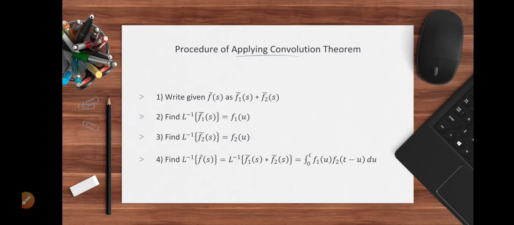And the fourth step is just to apply convolution theorem. Find L inverse of the original function, which is nothing but L inverse of f1 bar of s convolution with f2 bar of s, which is integration from 0 to t f1 of u f2 of t minus u du.